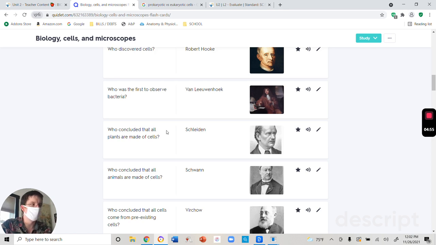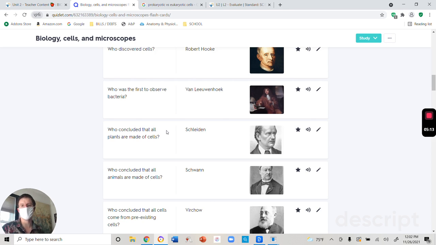Schleiden concluded that all plants are made of cells. So he was just sliding in the fact that plants are made of cells, those things that Hooke got us hooked on. Schwann concluded that animals are made of cells, because a swan is an animal and a swan is made of cells.